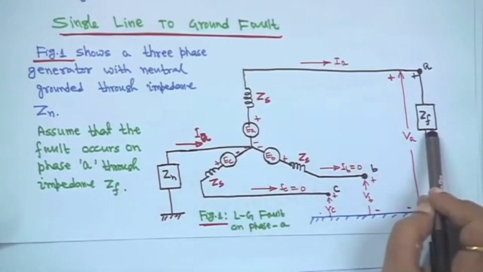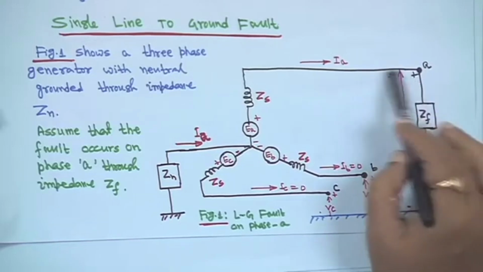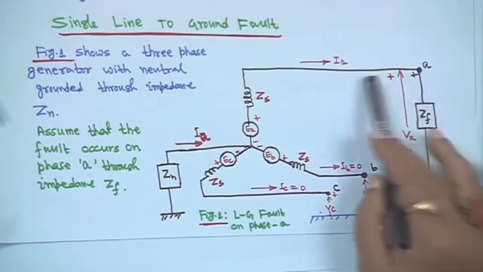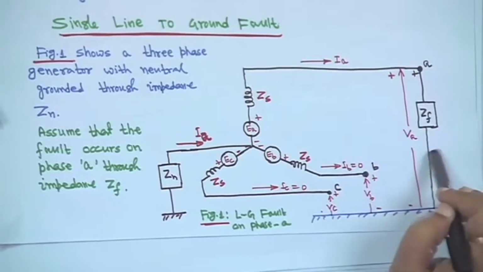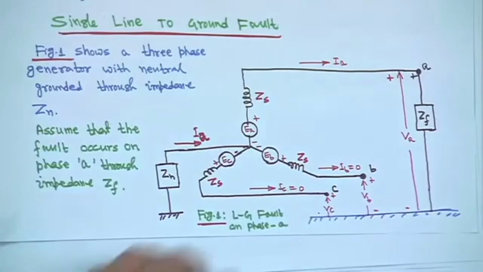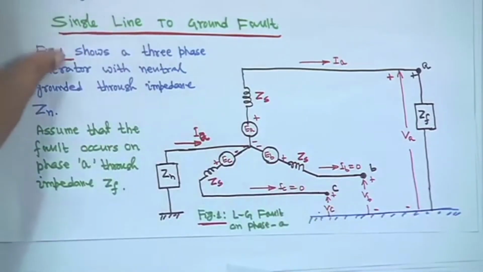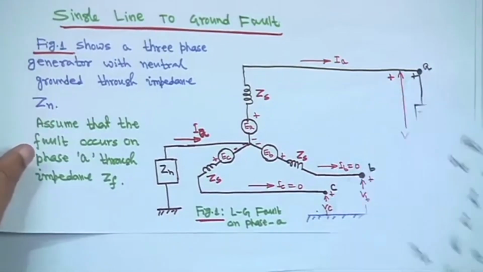So, a fault impedance is there, which means VA is equal to IA into Zdf, and the current through phase B and phase C is 0, IB is equal to 0, IC is equal to 0.